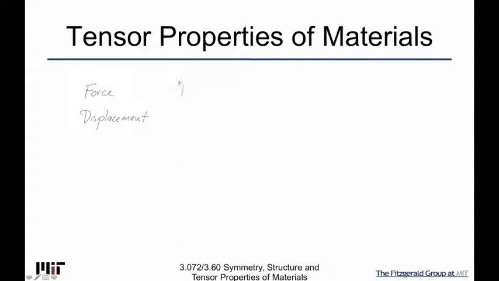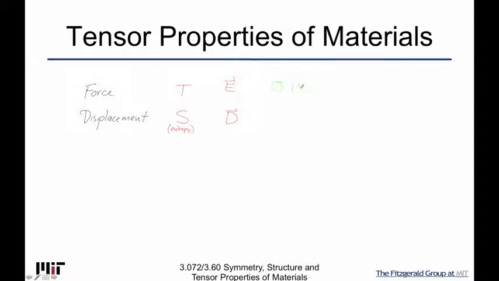So one can think about temperature as a force and entropy as a displacement. You can think of electric field, of course, and the displacement vector itself as displacement, and you can think about, I have to be careful with our use of sigma here.